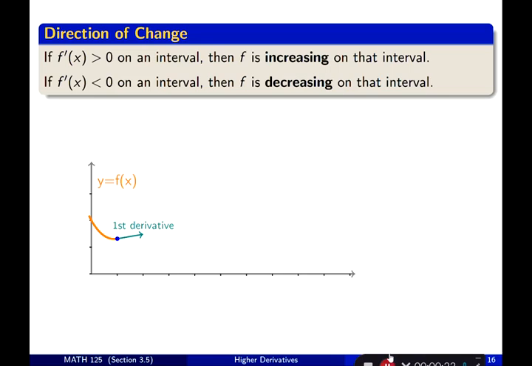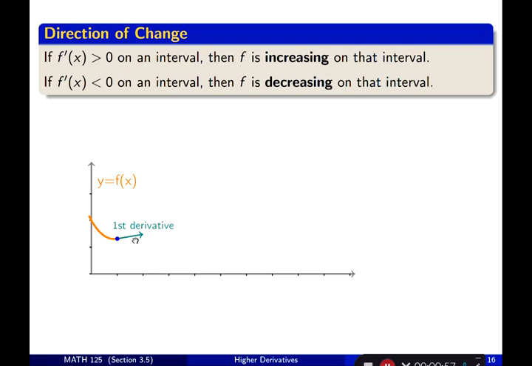Let's look at how it looks on the graph. The little arrow here shows the direction of the derivative, or it shows the tangent line, and therefore it comes from the first derivative, right?